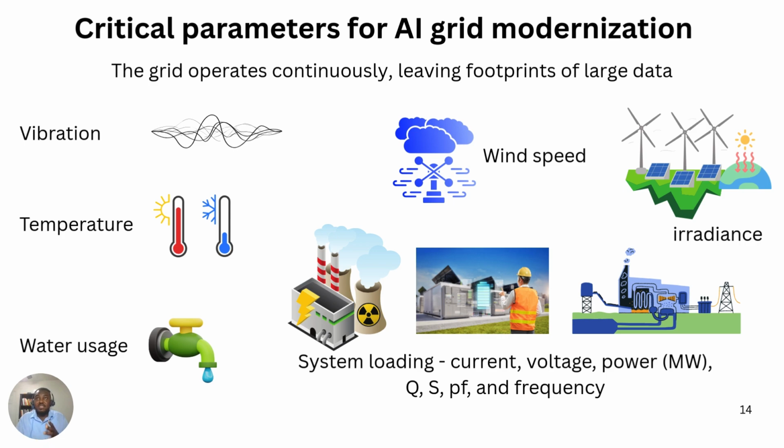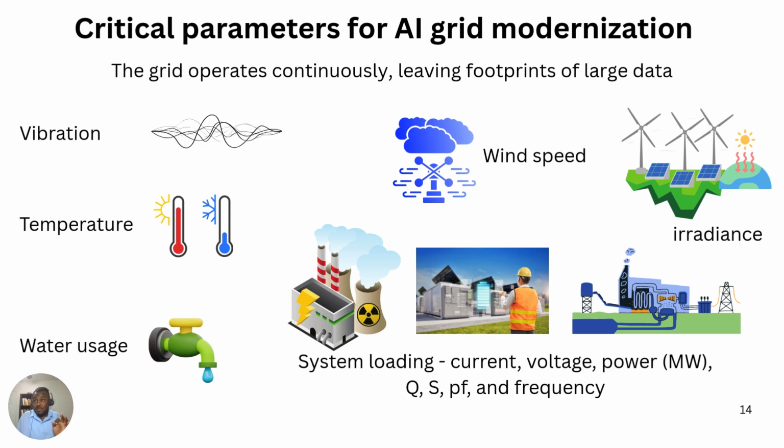We have looked at some metrics on why, if we modernize the grid, some of the benefits are an increase in grid capacity, being able to supply electricity to more homes and more customers, and, if you reduce losses, being able to save millions of dollars for our companies. But in order to modernize, we need to look at some critical parameters that engineers and all stakeholders have to care about.